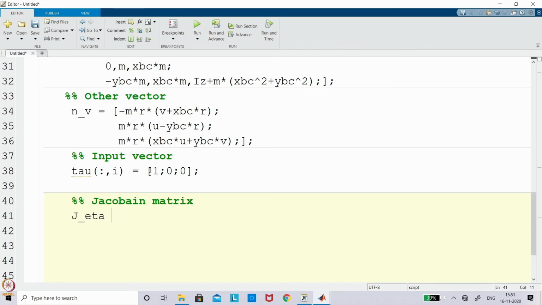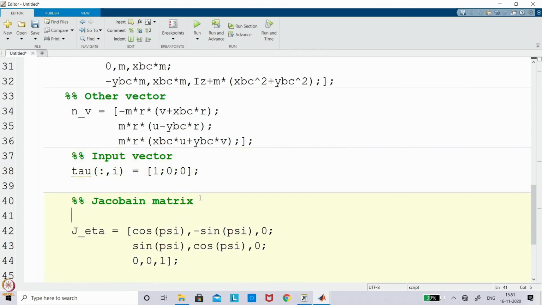So J eta I can write as cos psi, minus sin psi, 0, then sin psi, cos psi, 0, then 0, 0, 1. For that, one should know what psi is. So psi I am writing as the third element of eta, so that also I have written.